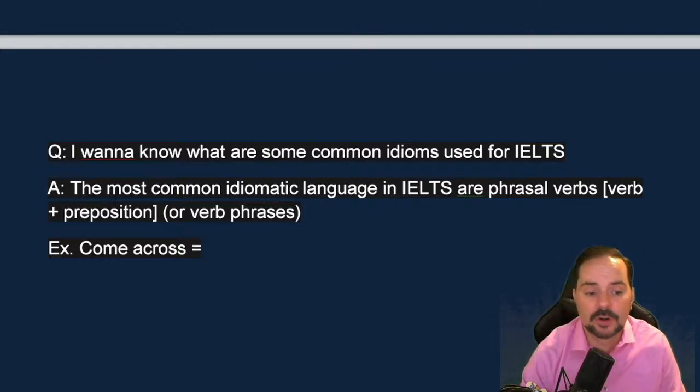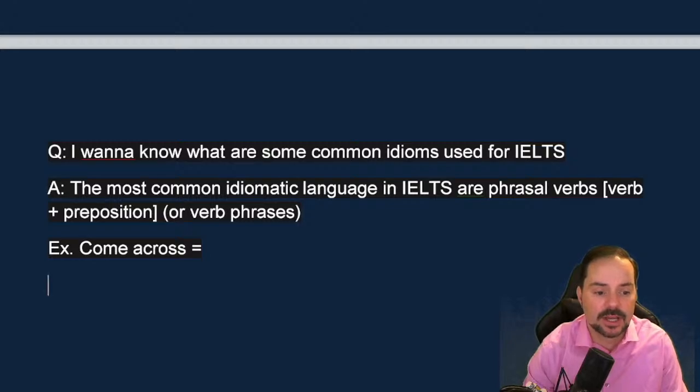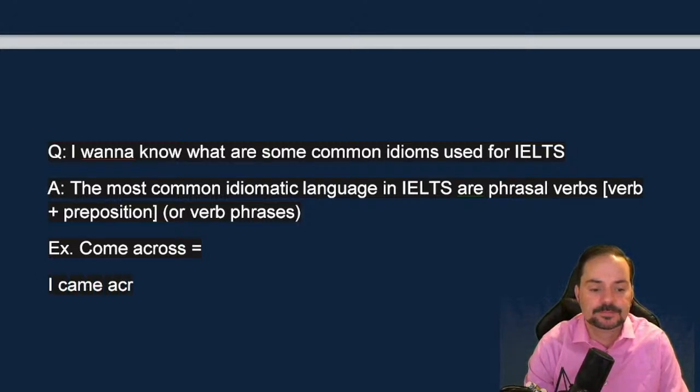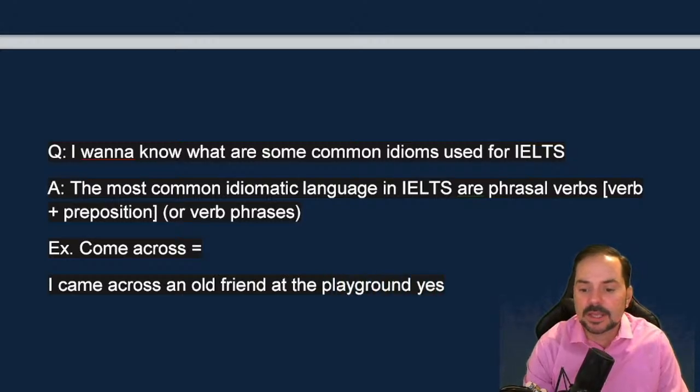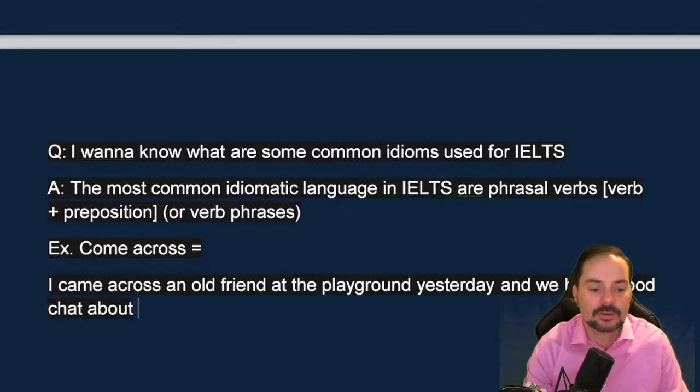So there's a single verb that will translate to come across. I'll give you an example sentence here. Okay, so I came across an old friend at the playground yesterday, and we had a good chat about English idioms.